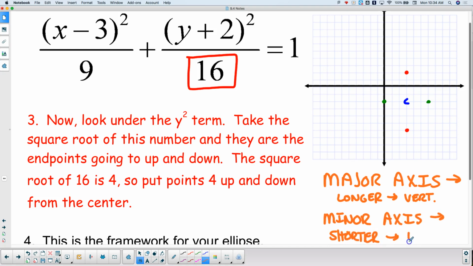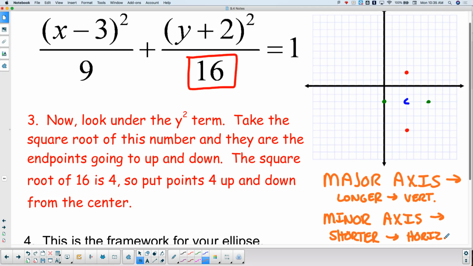And in this case, it is the horizontal axis. Okay? Major is the longer one. Sometimes it's vertical, sometimes it's horizontal.